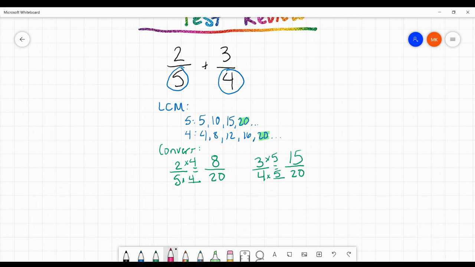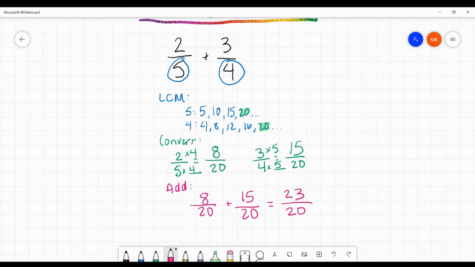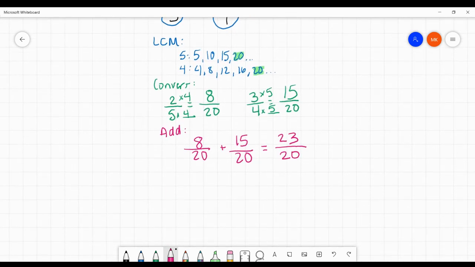My next job is to add those two together. So I will add 8 over 20 plus 15 over 20. When I add fractions, my denominator stays the same. 8 plus 15 is 23. Now, it's super important that you realize that this number, 23 over 20, can be reduced into a mixed number.